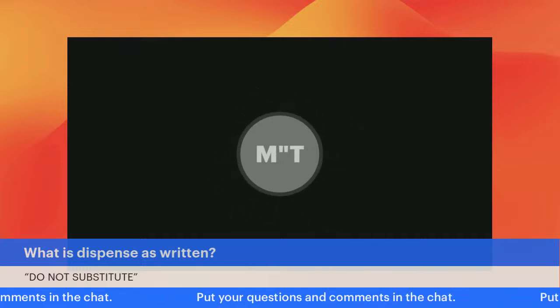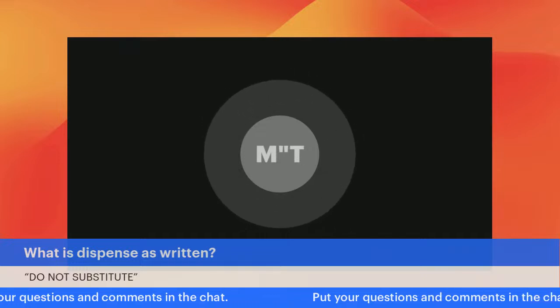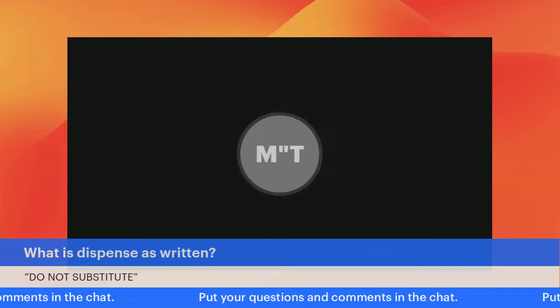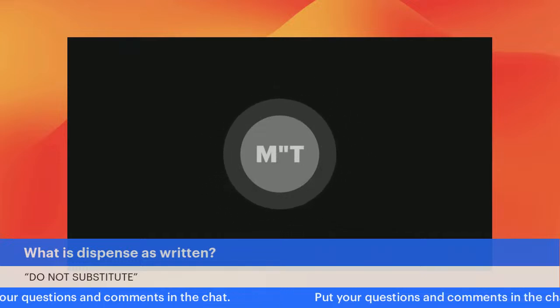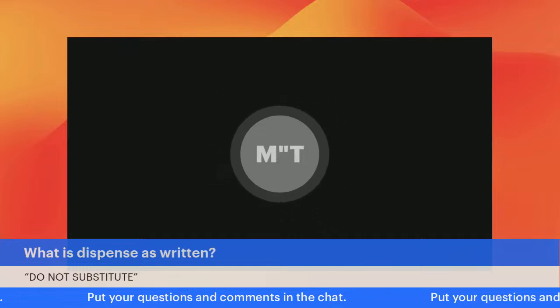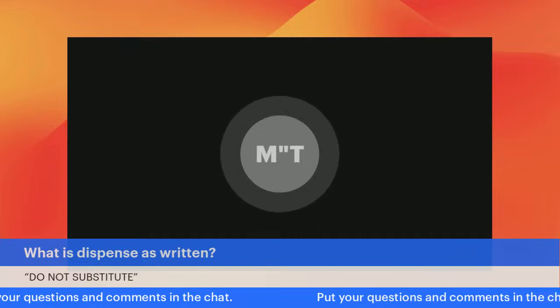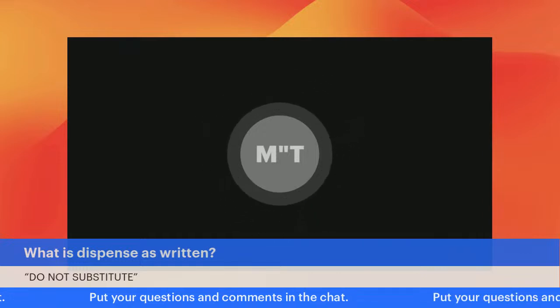Dispense as written means dispense the medication that I was able to write the prescription for. Do not substitute.